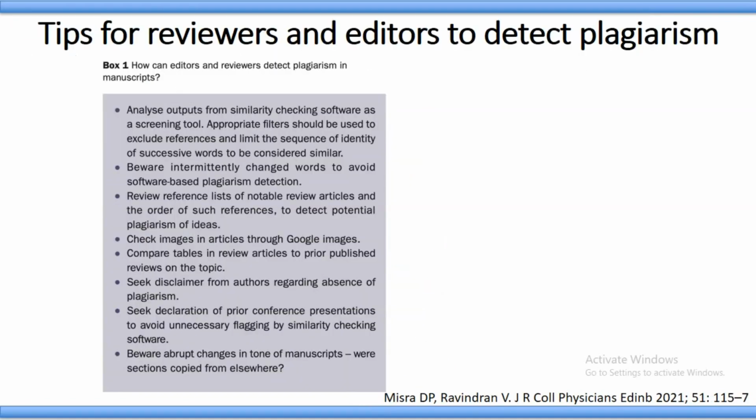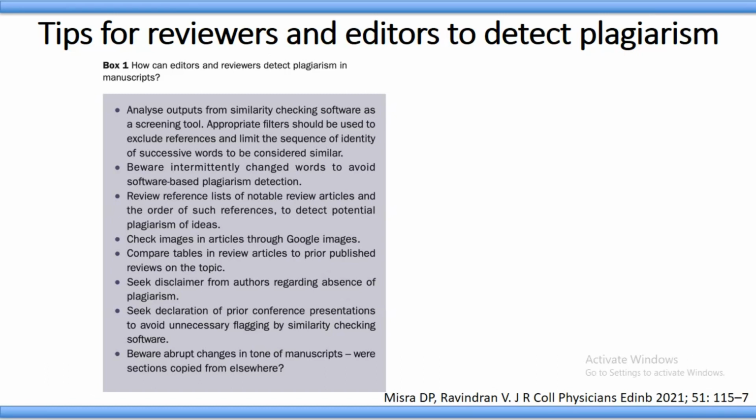For editors and reviewers, it's very important to understand that plagiarism and similarity are different. So the similarity checking software is simply a screening tool. It cannot substitute for the human effort that is required on the part of the editors and reviewers. And authors may have intermittently changed words, as we saw in that example that I showed.